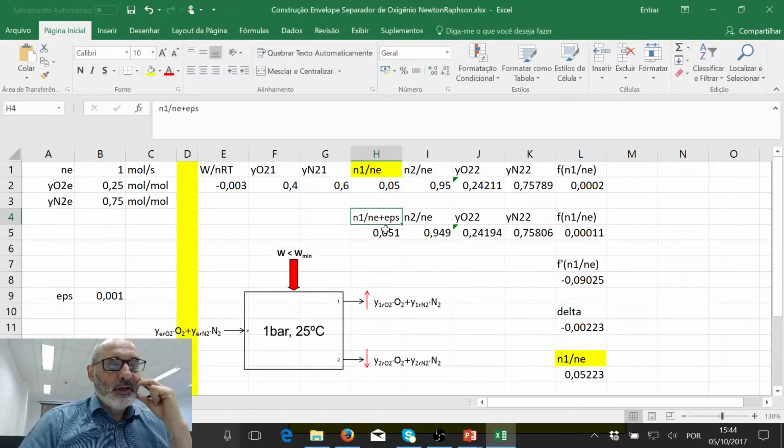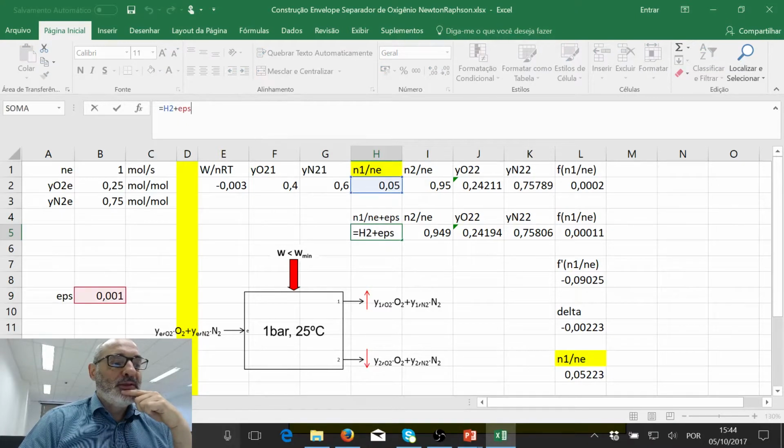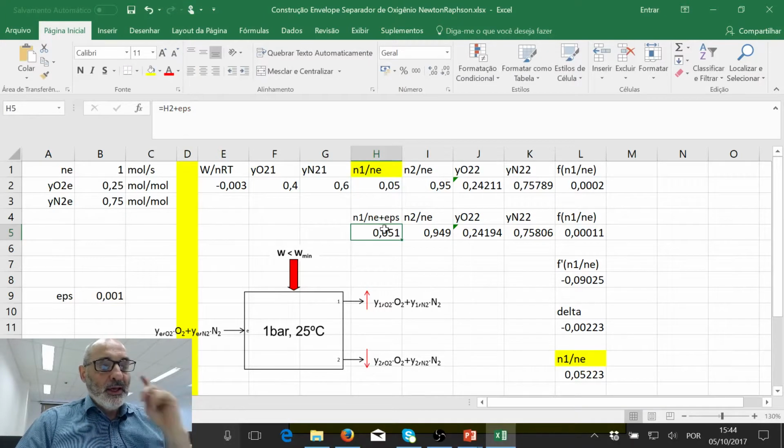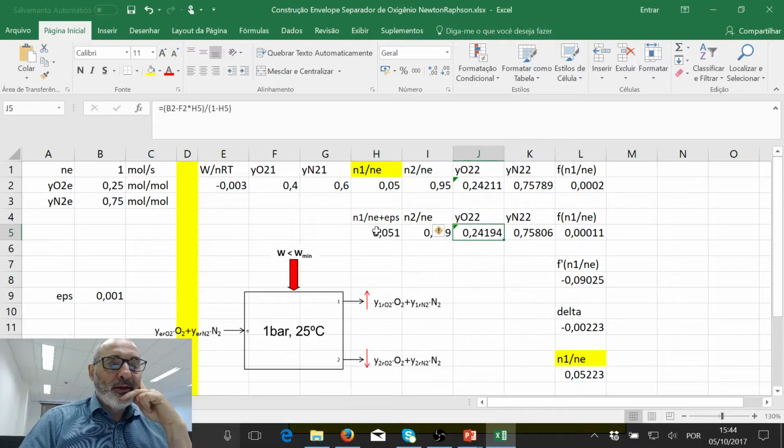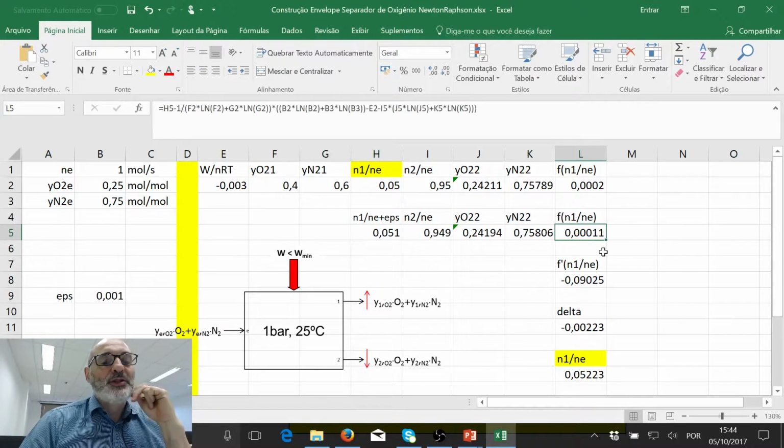Here I have the variable n1 divided by ne plus a disturbance, epsilon. So H2 plus epsilon. H2 is the cell where I have my estimative. Now I recalculate all variables that depend on n1 divided by ne and recalculate the function.